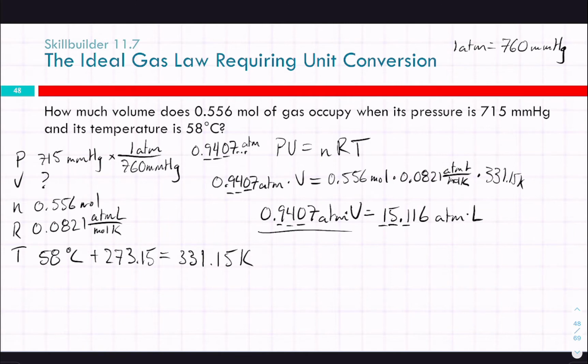So we can divide both sides by 0.9407 atmospheres. So that atmospheres will cancel out. And volume will be 16.1 liters.